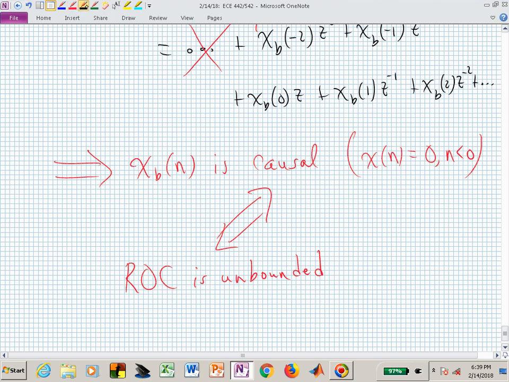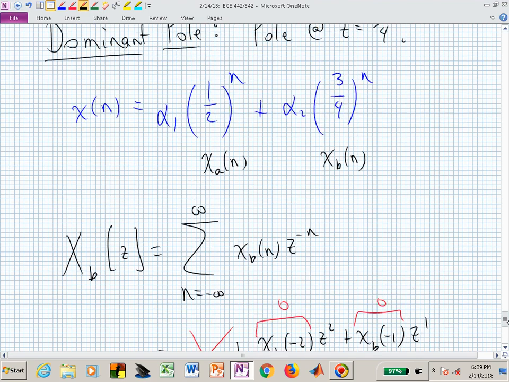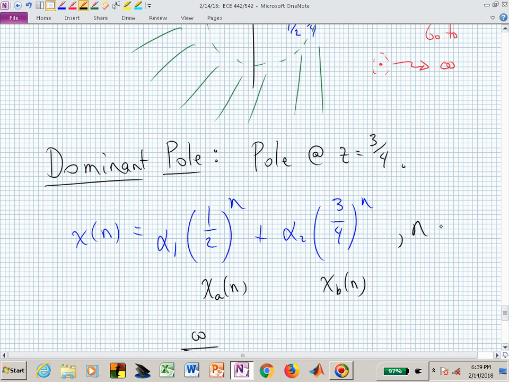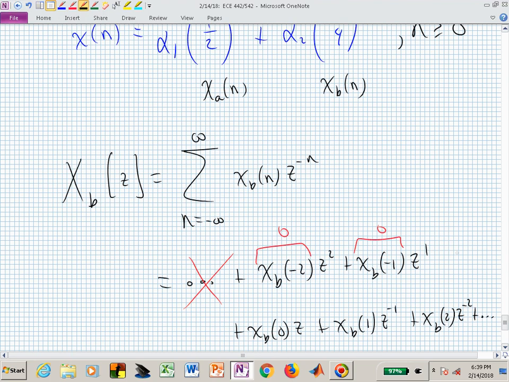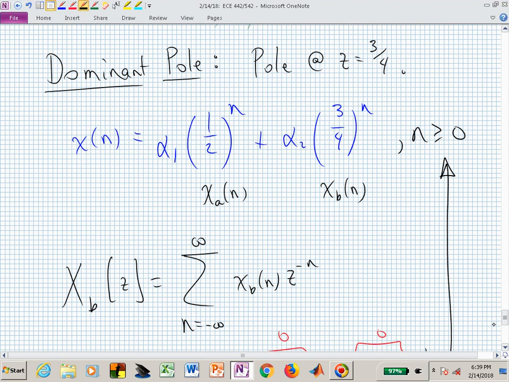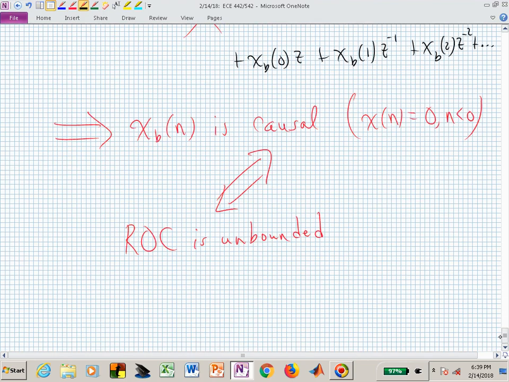Don't confuse that with the time domain sequence's bounded behavior. What do we know is going to happen now that we know that n is greater than or equal to 0? This is now well behaved. It's collapsing. It's exponentially decaying with time.